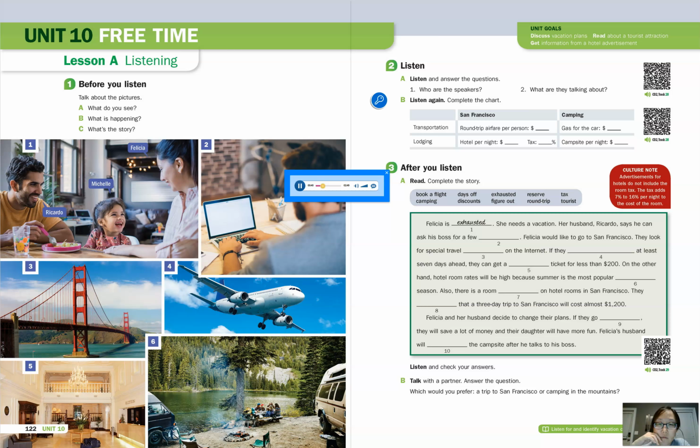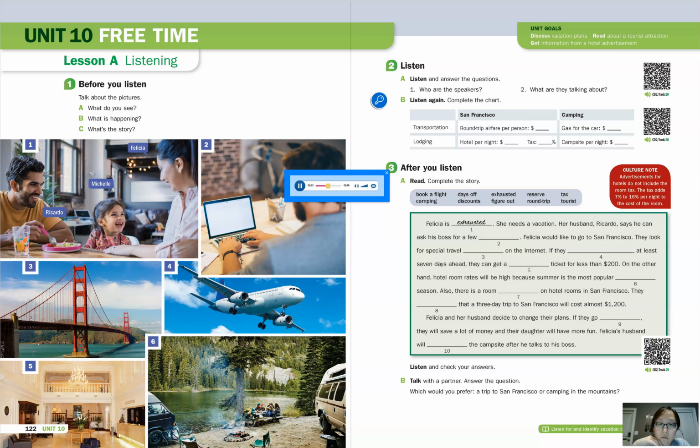She's old enough to enjoy it, don't you think? Well, let's see if there are any deals on any of the internet travel sites. Look, if we book a flight 7 days ahead, we can get a round-trip ticket for $200. That's not too expensive. Are there any discounts for children? Let's see. I don't think so. Oh, that's too bad. What about hotel rates? Not cheap. Summer is the height of the tourist season.